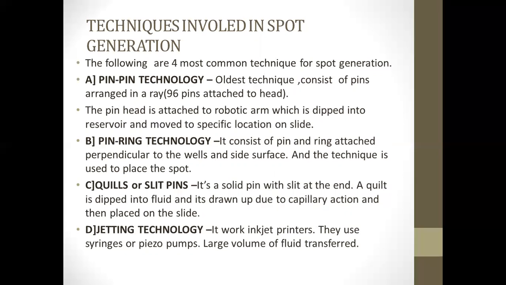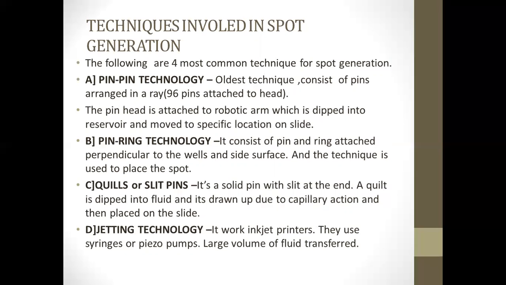Pin ring technology is more efficient because in pin technology, your sample may get evaporated. As it is a small amount of sample, it might get evaporated or might not be stable over that pin. So with pin ring, the other external factors affecting that material no longer apply.